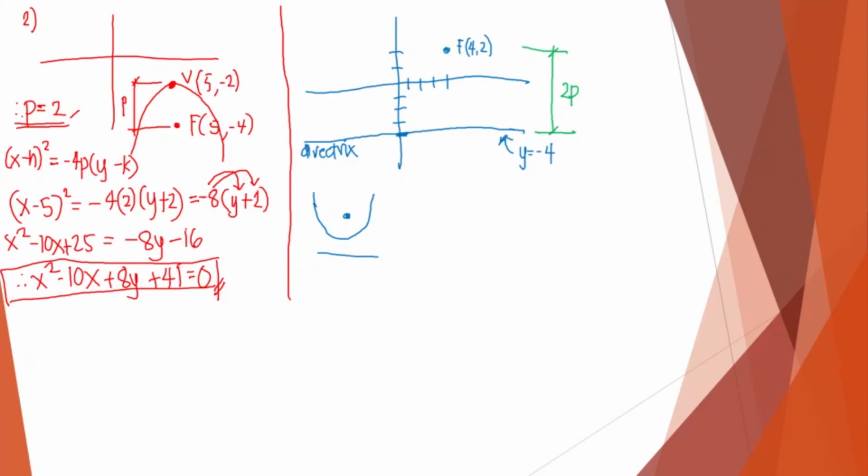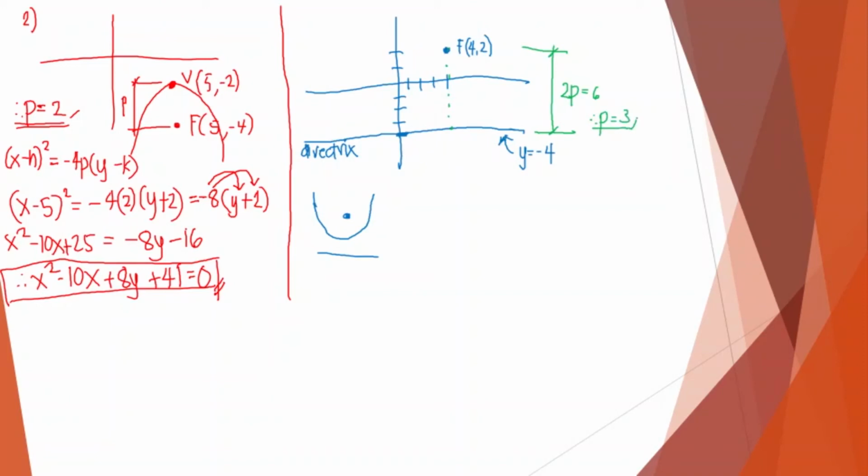From positive 2, 1, 2, 3, 4, 5, 6. So their distance is equal to 6. Therefore p is equal to 3.